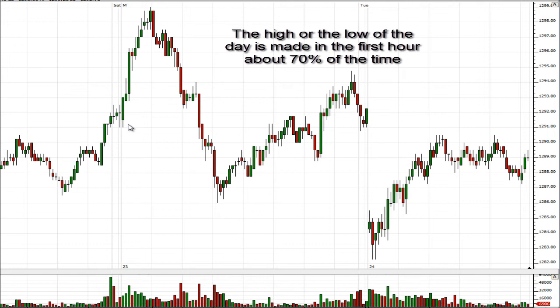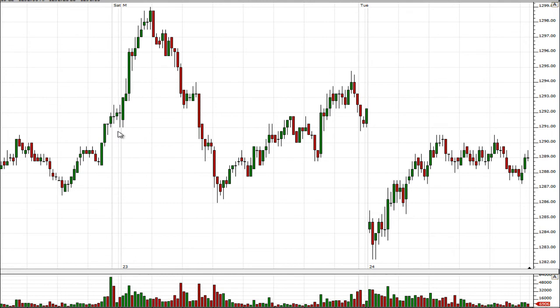There are different studies that say anywhere from mid 60s to up to 80, but let's just say around 70% of the time, the high or low of the day is going to happen within the first hour. So that's why we keep looking at this. For instance, here it happened that the high of the day was the first hour.